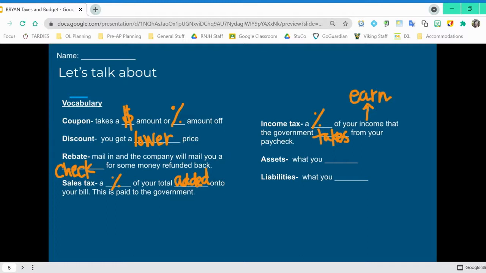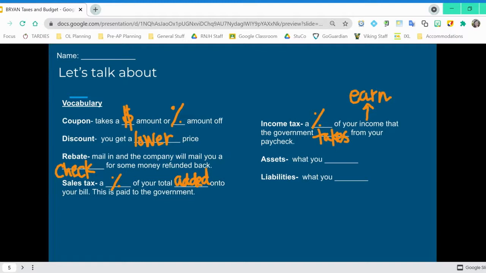So if I have a job that I make $200 on my paycheck, I'm not actually going to get $200 into my bank account. It's going to show $200, but then they're going to subtract the taxes that go to the government from that. So my paycheck may only be $175 that actually goes into my bank account instead of $200. So that income tax comes out of your paycheck.